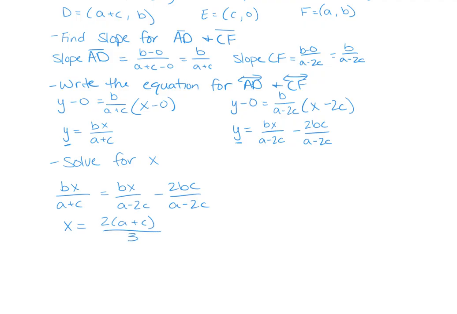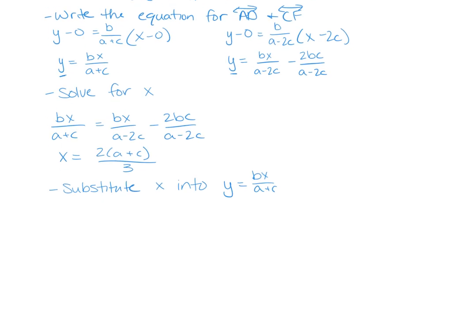All right, so now we want to substitute x into one of our two equations. It doesn't matter which one. I'm going to go with the smaller equation. Okay, so I'm going to substitute in that x.